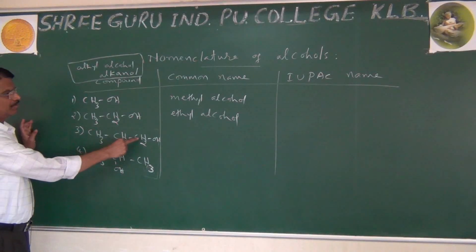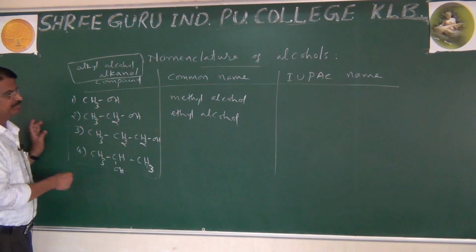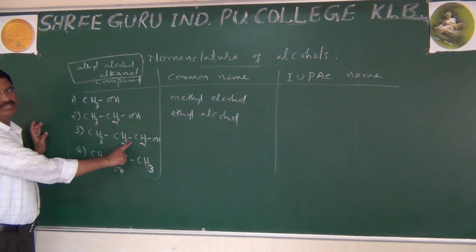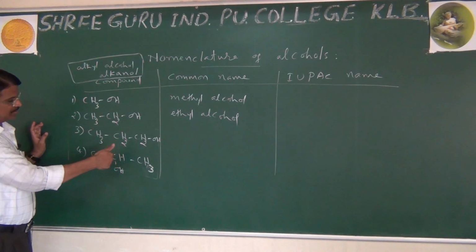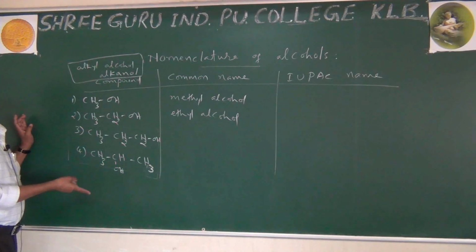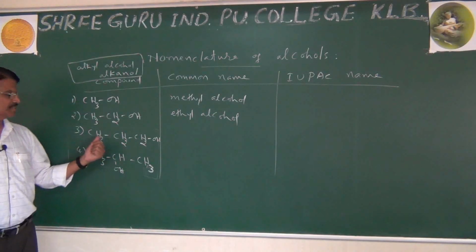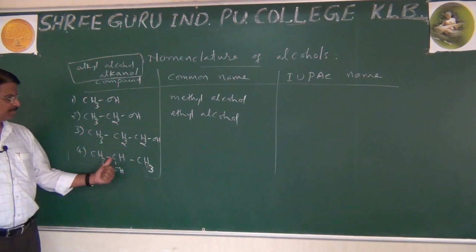Here carbon number 1 has the OH group, and here carbon number 2 has the OH group. Therefore, these are called positional isomers. The positional isomers of propanol are propan-1-ol and propan-2-ol.